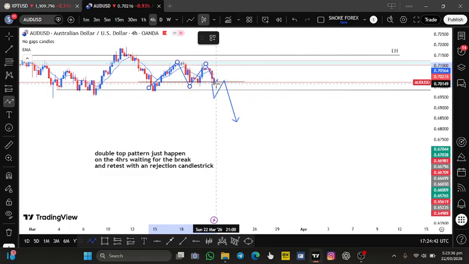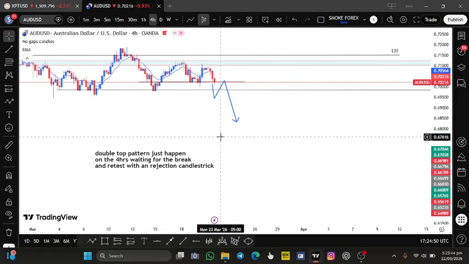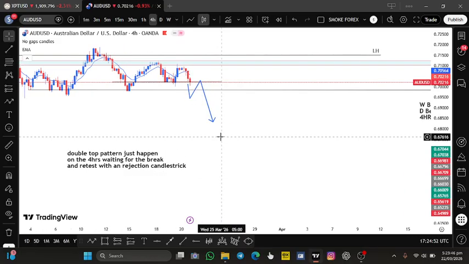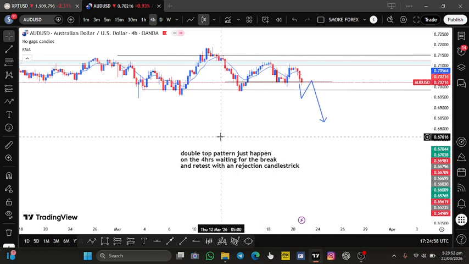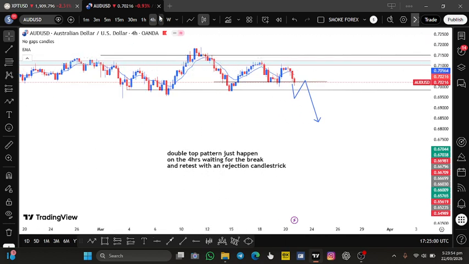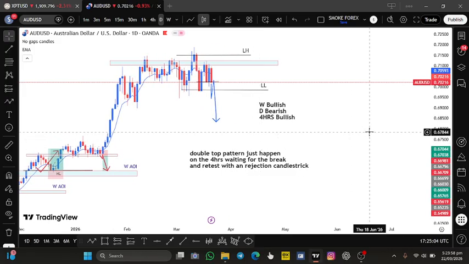So all I need is the break and retest at this neckline, then I'm going to enter this trade. This trade is not that healthy anyway, but I'll still be looking at the chart to see if price is clearly going to respect what I'm thinking.